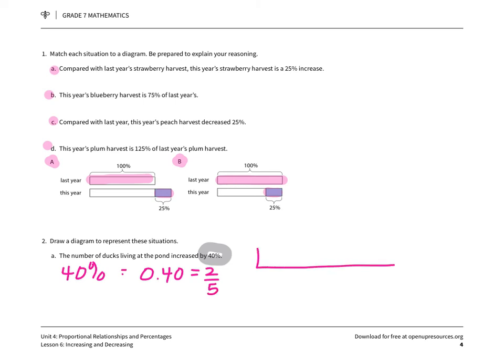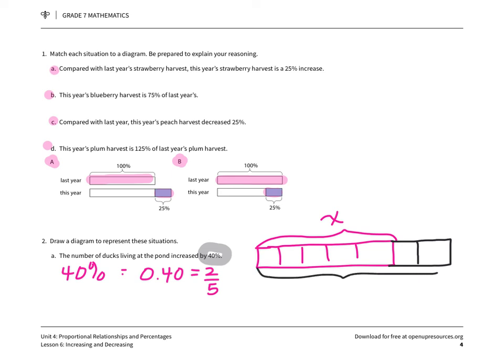So when I think about drawing that tape diagram, I'm going to divide it into 5 equal sections. And then that would be my original amount. Let's call it my X. The new amount, the number of ducks living at the pond, increased by 40%. So we're going to need 2 of those extra boxes, 2 of those fifths extra to make our new amount. Okay?